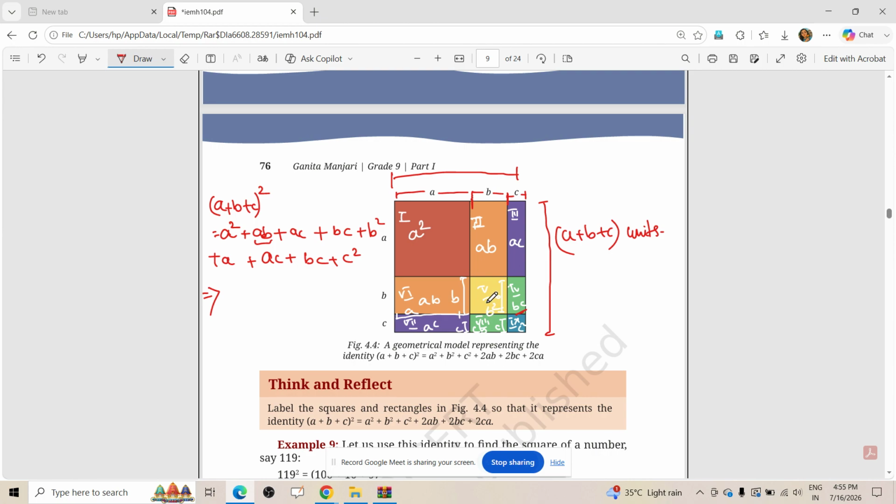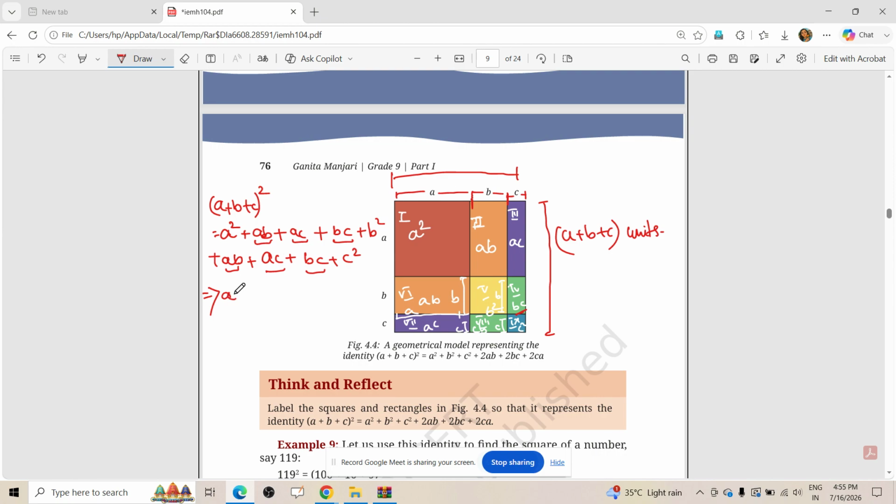After B square, the area is AB. So we can observe that AB is two times, here also we have AB. And for BC, here also we have BC, and here also we have BC. That is 2 BC. And AC is also 2, right? So we have 2 AB, 2 BC, and 2 AC.